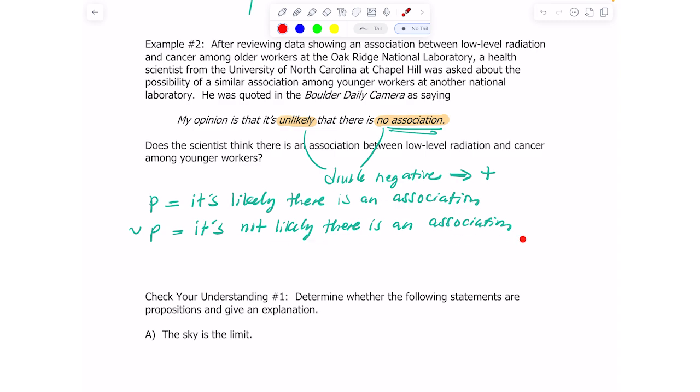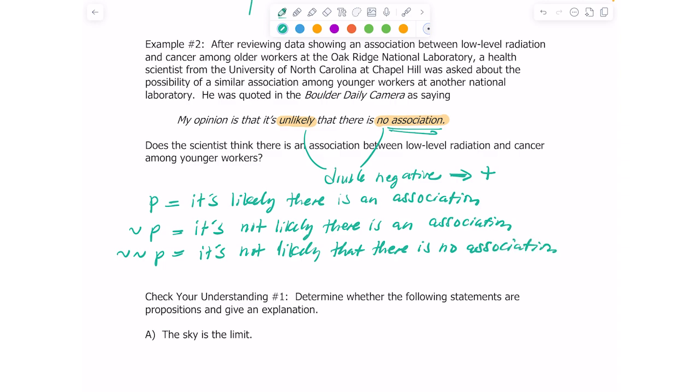So now it's going to just basically say, your double negative, it's not likely that there is no association. So what that means, and that little triangular dot thing means therefore, you'll see that a lot in this chapter.